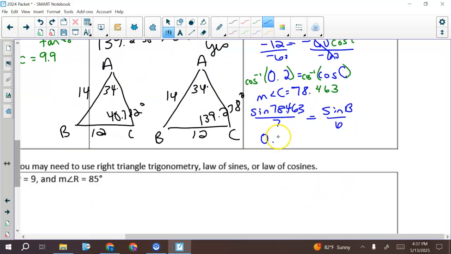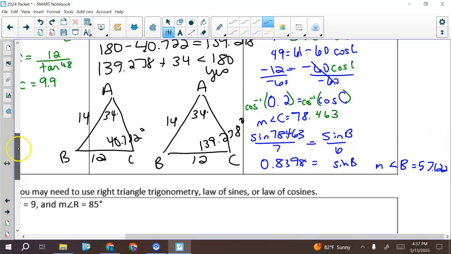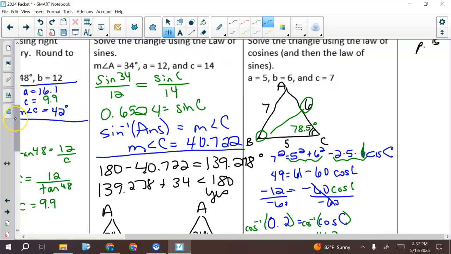So we get 0.8398 equals sine of B. Now do the inverse sine, and we get 57.121. So the measure of angle B is equal to 57.122, we'll say. Okay, so we can put 57.1 on here.